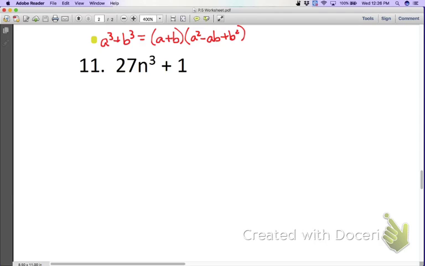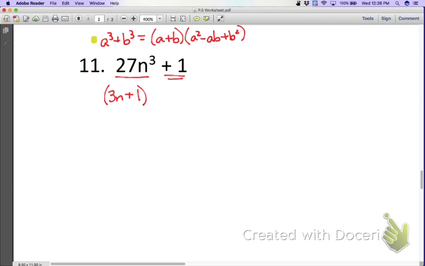So this part has to be a perfect cube. What's the cube root of 27n to the third? 3n plus, what is the cube root of 1? 1.